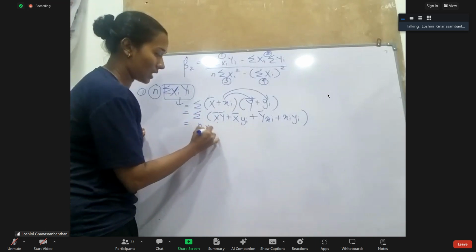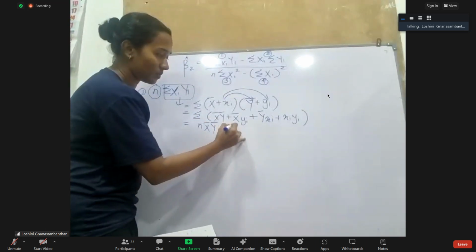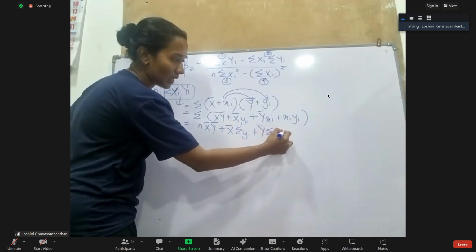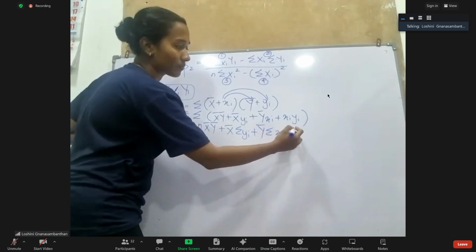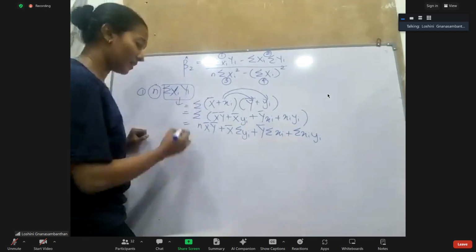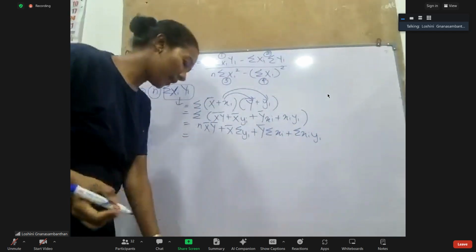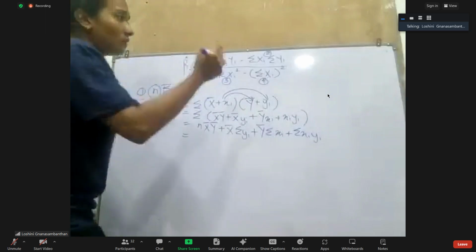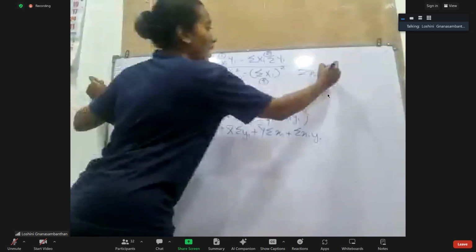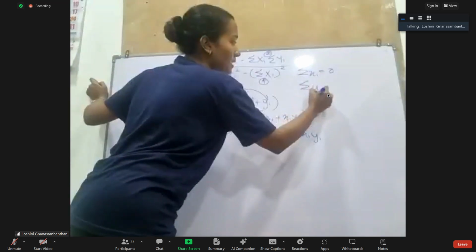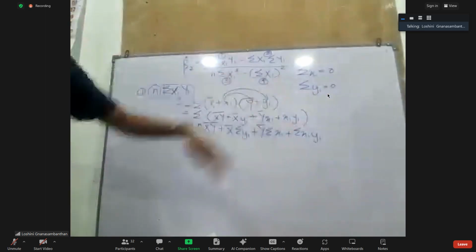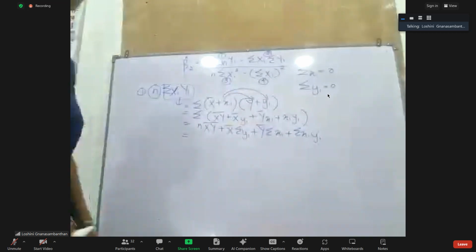So n x bar y bar plus x bar sigma y plus y bar sigma xi plus sigma simple xi simple yi, right? And here is the important thing: always sigma simple xi and sigma simple yi are 0.